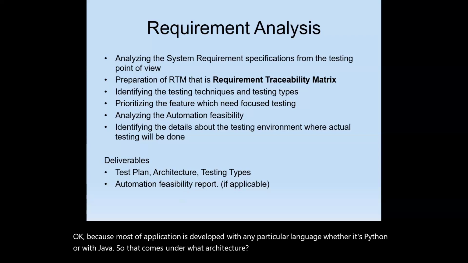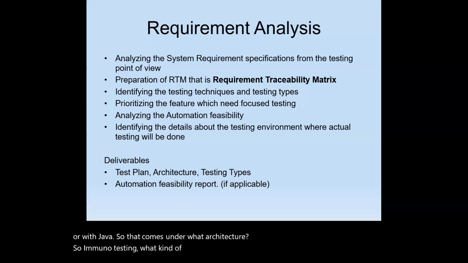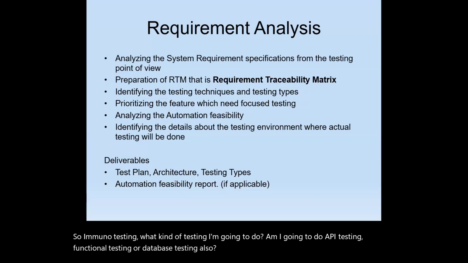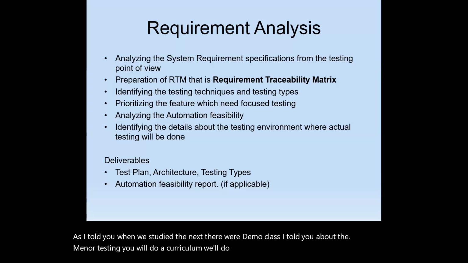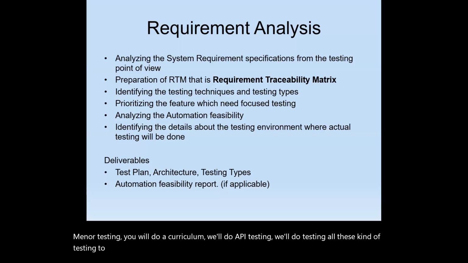So in manual testing, what kind of testing am I going to do? Am I going to do API testing, functional testing, or database testing? As I told you when we started our demo class, in our curriculum we'll do API testing and database testing, all this kind of testing, to start with your manual testing.